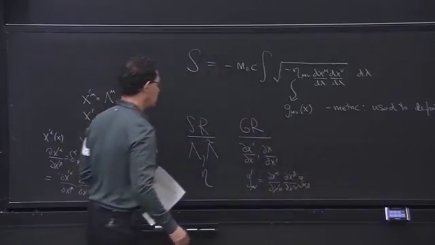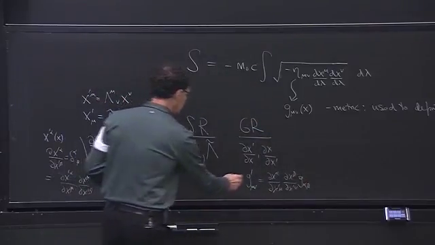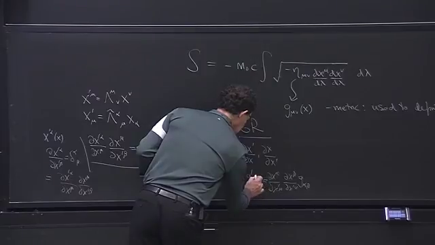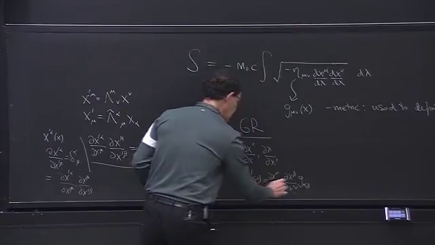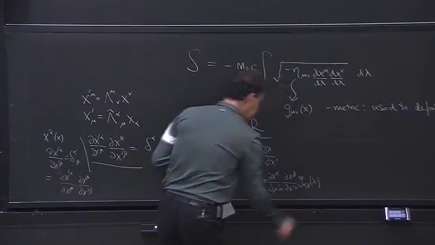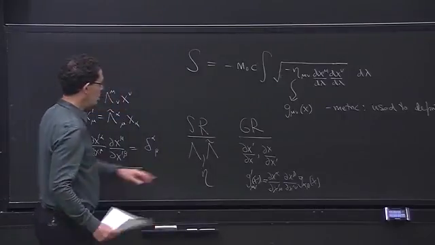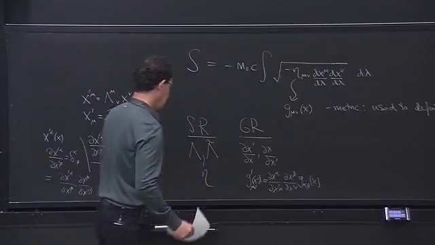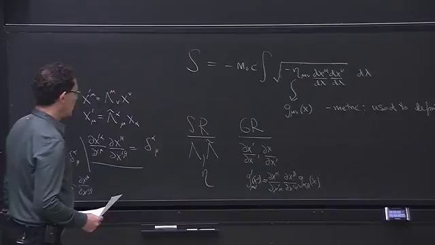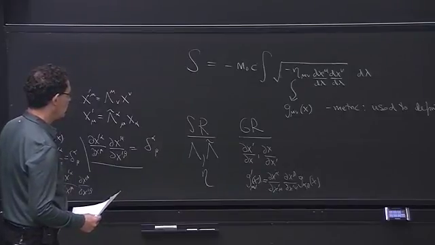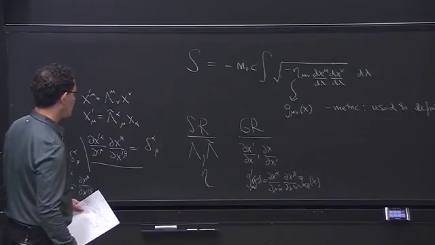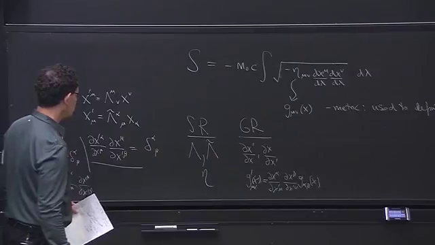The metric, now considered as a function of x prime, is given by this tensor transformation law from the metric g of x in the old coordinate system.